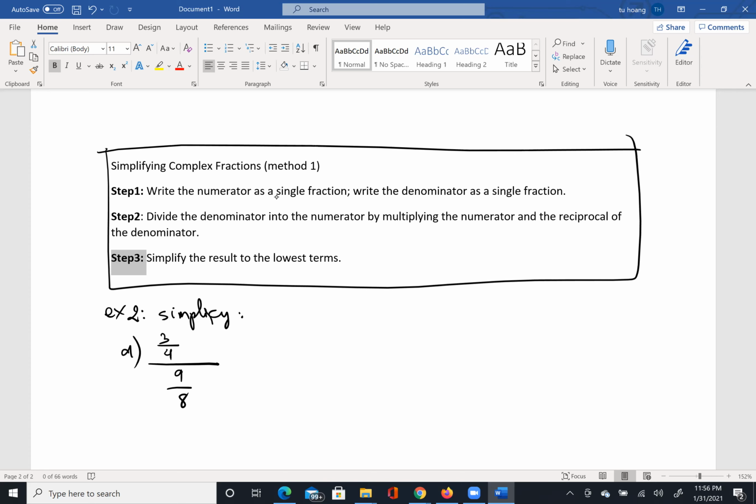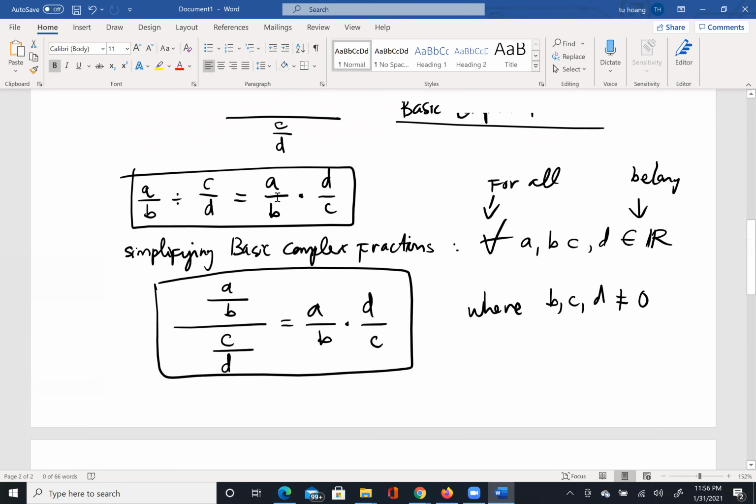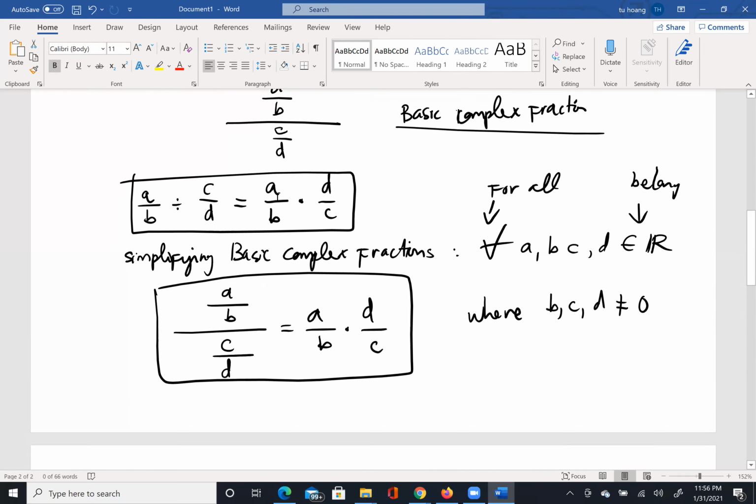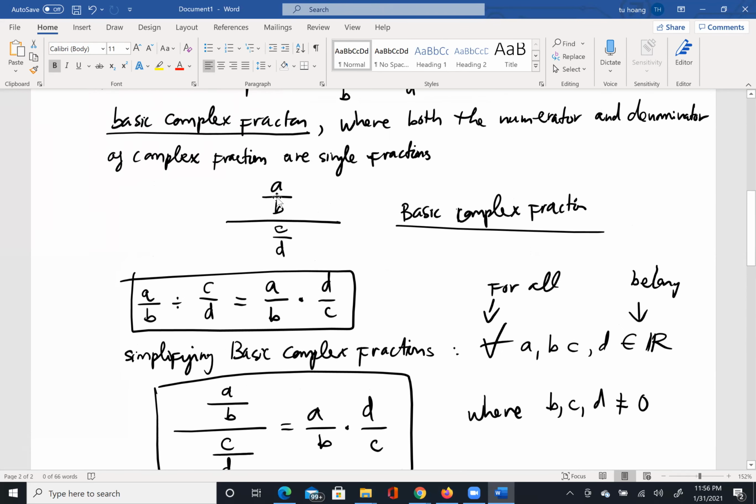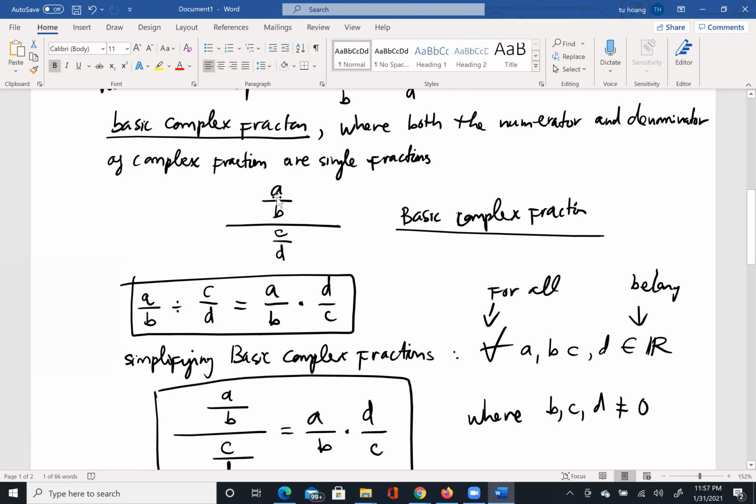Is this a complex fraction? Yes, it is, because both top and bottom have a fraction, and it's a basic complex fraction, because both numerator and denominator have only a single fraction, right?